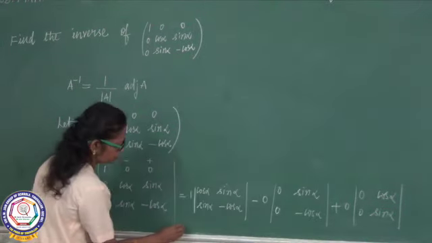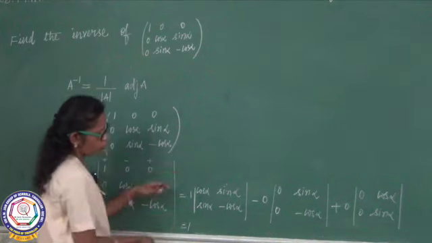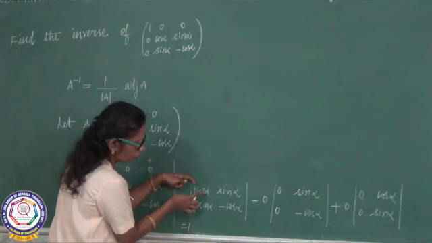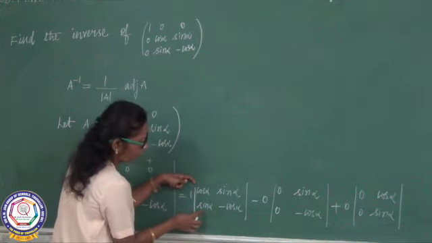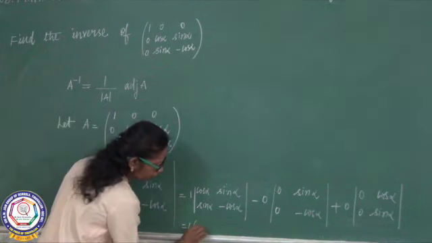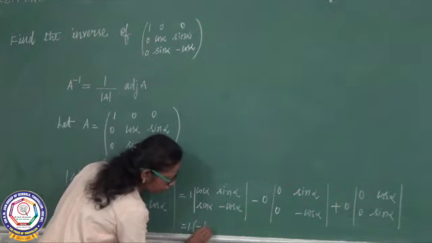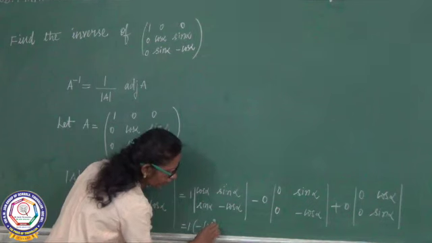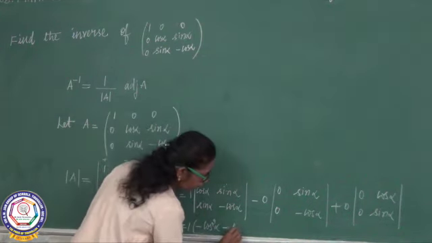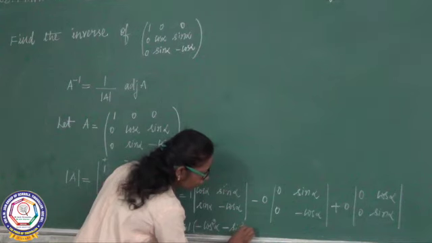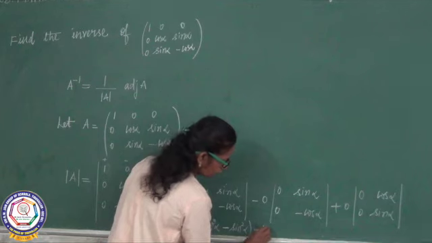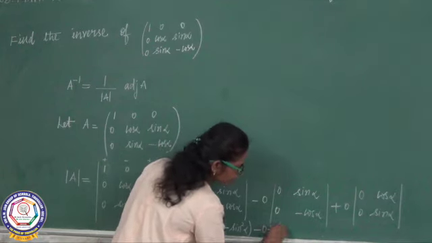Now, 1 into the 2 by 2 determinant: product of main diagonal minus product of sub-diagonal. So, minus cos alpha into cos alpha, cos square alpha, minus sin alpha into sin alpha, sin square alpha, minus 0 into whatever it is, 0, plus 0.